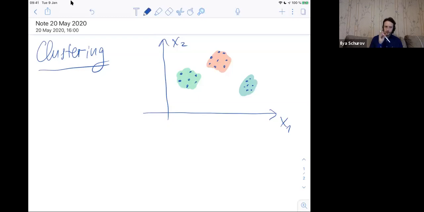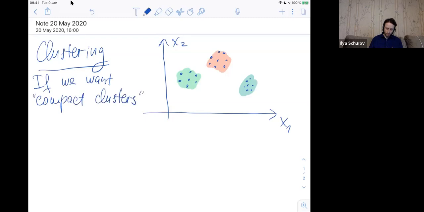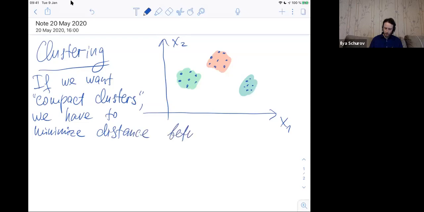If we want this kind of compact clustering, this is not the only possible way to define it, but at least if we want it, then we have to minimize distances between points in the same cluster.